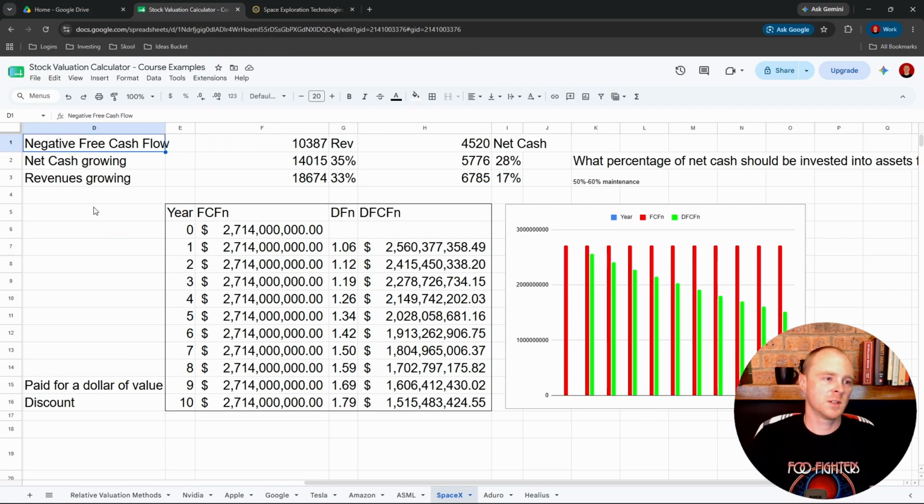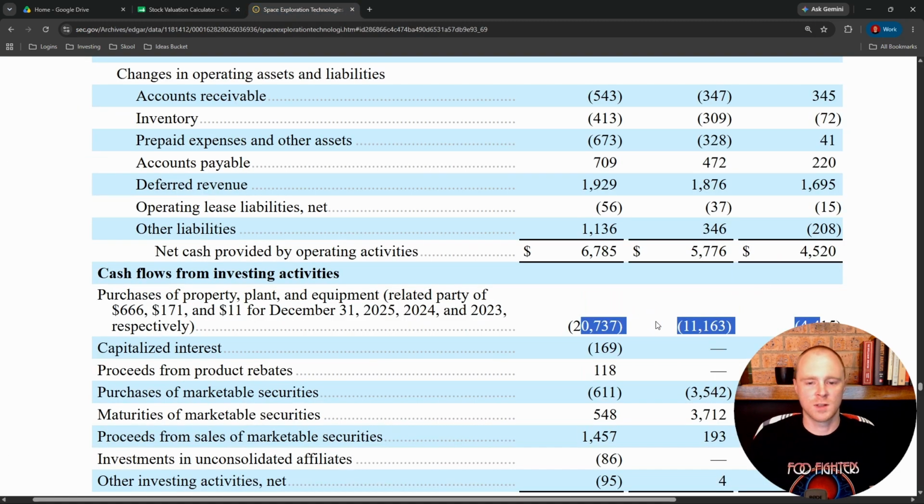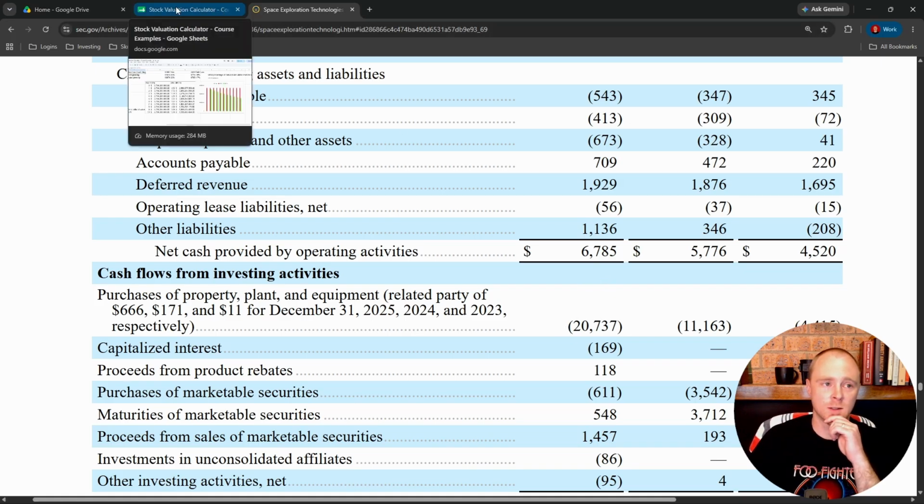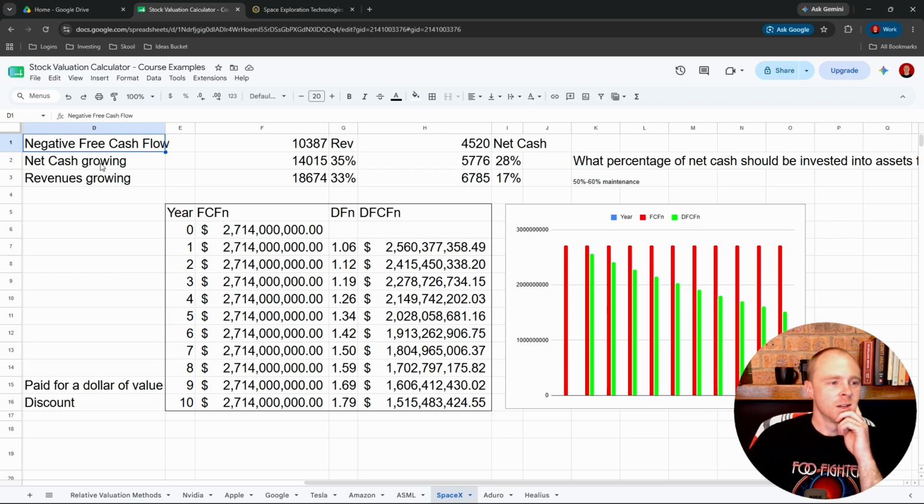So the business, if we account for these, free cash flow, that calculation is based on this number minus this. And what we can see is free cash flow is negative because 6 minus 20 is a negative number. But the net cash position is growing, and our revenues are growing as well.